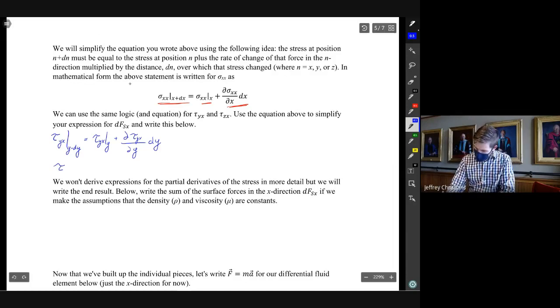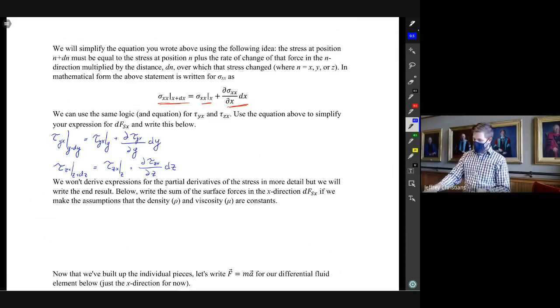And you could write tau zx at z plus dz equals tau zx evaluated at z, plus how much it changed, partial tau zx, partial z, times dz.